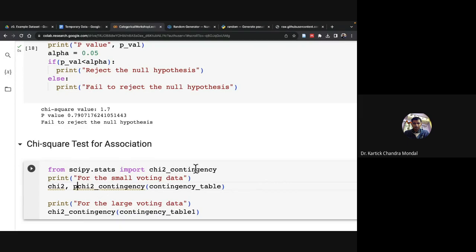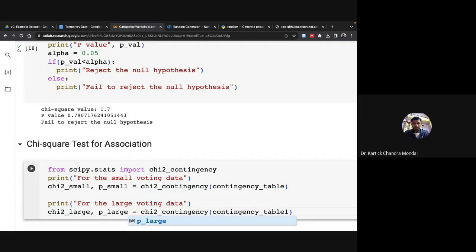And let's check with this. Chi2 small, p small. Chi2 large, p large. And then display them.